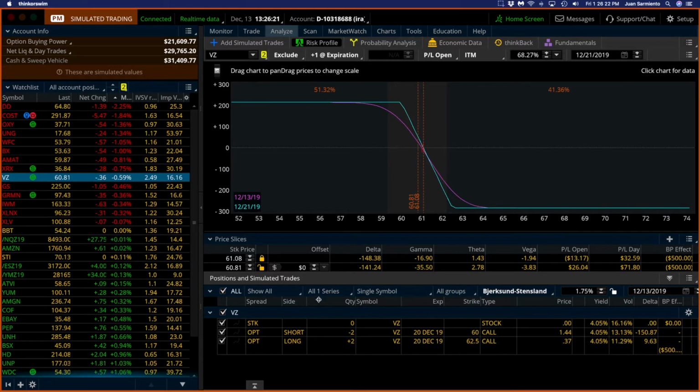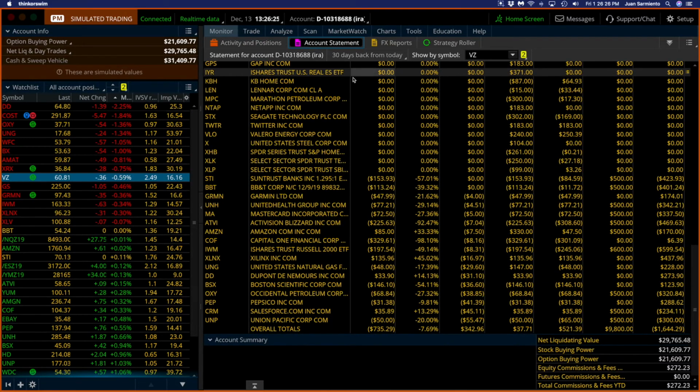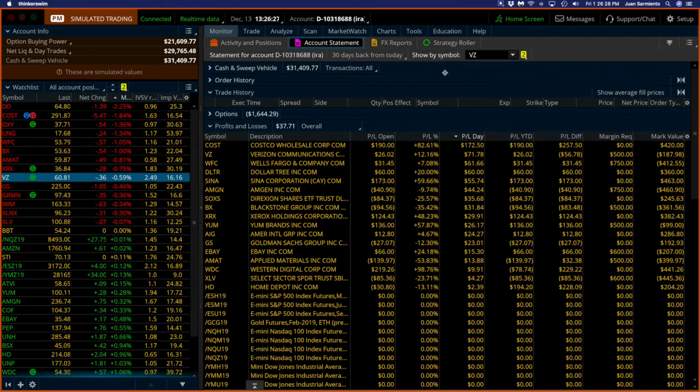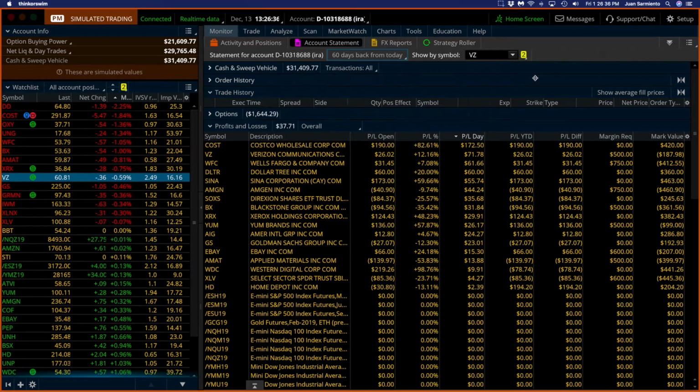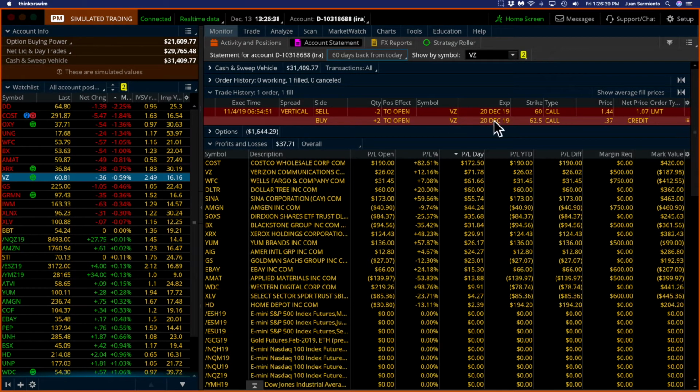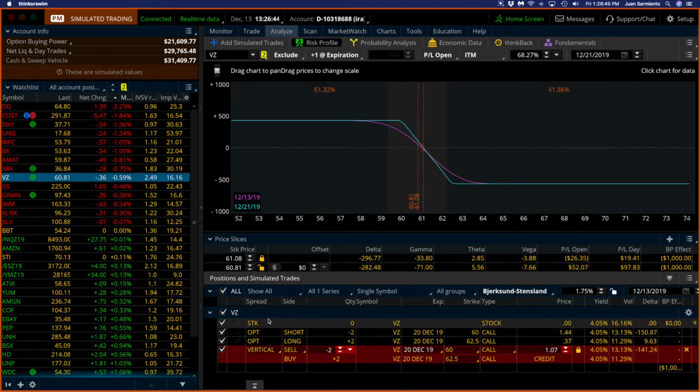For example, let's go to the monitor tab, account statement, and here's VZ. I'm going to go back, let's say 2 months, to see where my original trade was. It was a vertical, as you can see here. So then analyze trade, and here is the original.